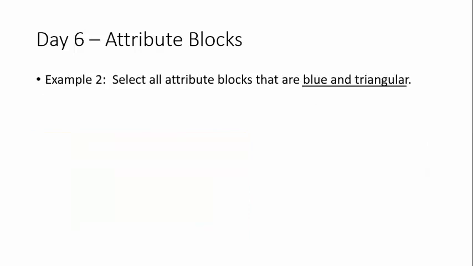Here's another example. Select all attribute blocks that are blue and triangular. Think back to the elements in the attribute block kit and think about which ones would be selected now, blue and triangular.